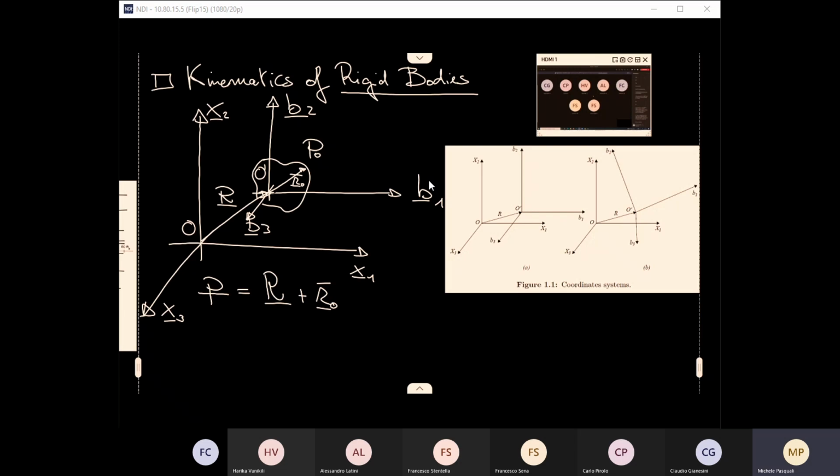So I can replicate this here. We have this R0. This is P0. And then this P0 goes here, and this is still R0.